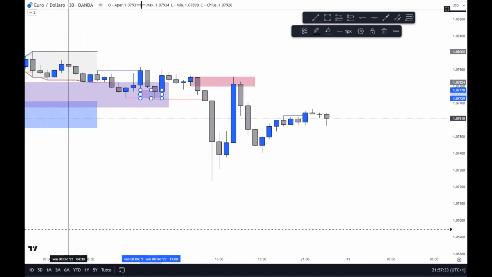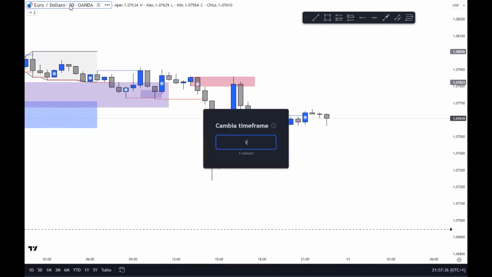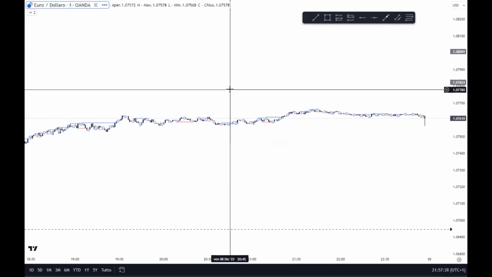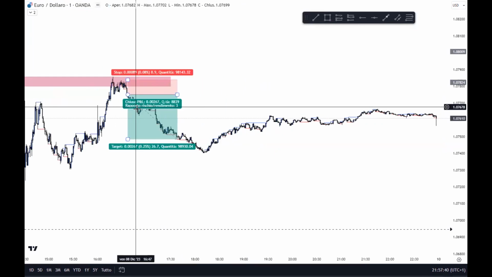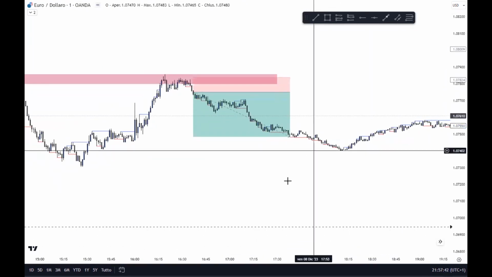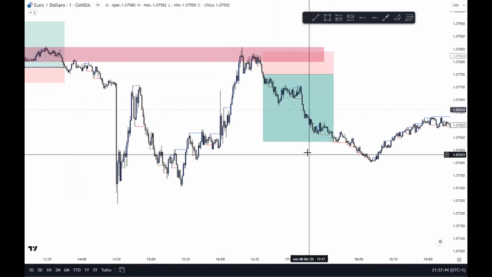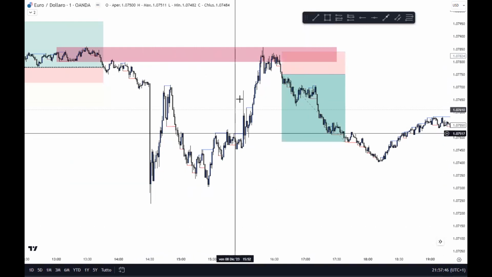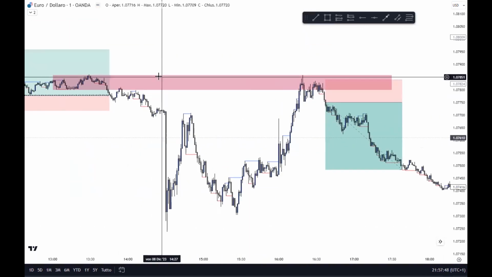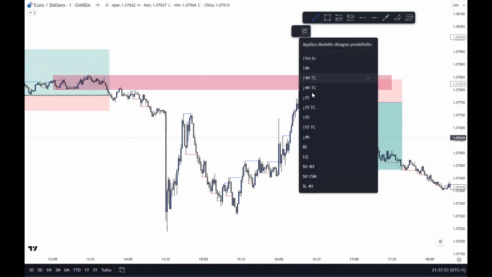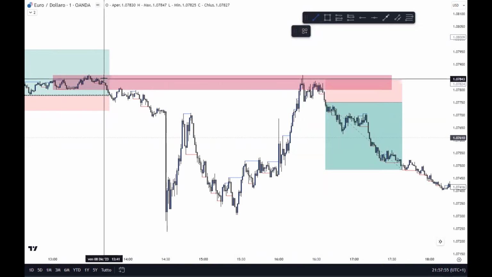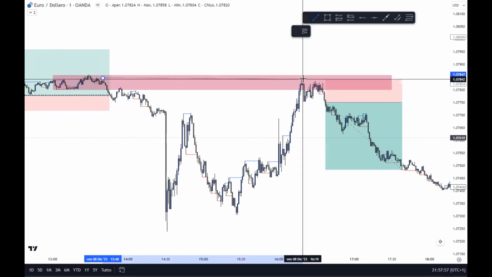Jumping down in the 1 minute time frame for an entry, we can see that here it's a perfect trade, because the price goes down and then comes up, and this is our zone. Where is the liquidity point? It is right there, and guess what?